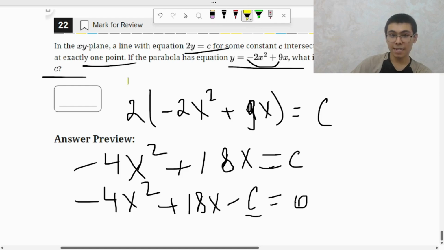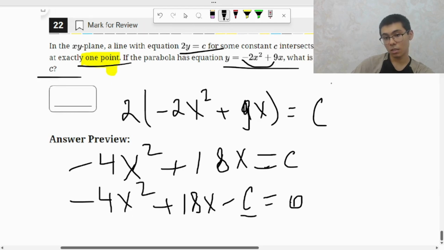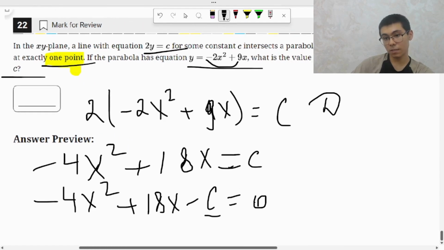Remember that the text says that it intersects at exactly 1 point. And I'm gonna tell you one thing. If the discriminant equals 0, there will be one solution or 1 point.